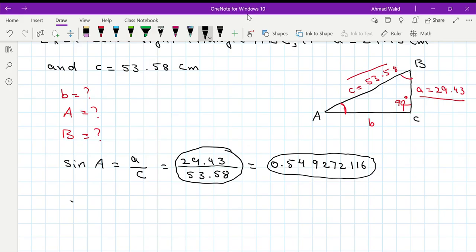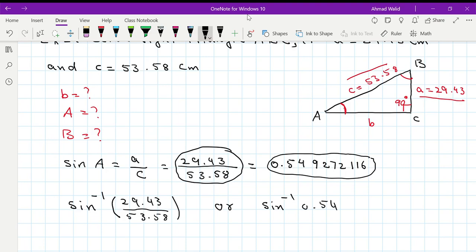It means you are looking for the inverse sine of 29.43 over 53.58, or the inverse sine of 0.549272116. Both of them will give you the same answer. I will always prefer this notation if your calculator allows it.